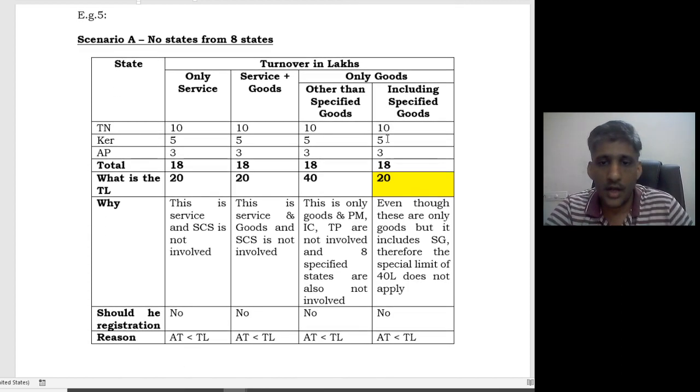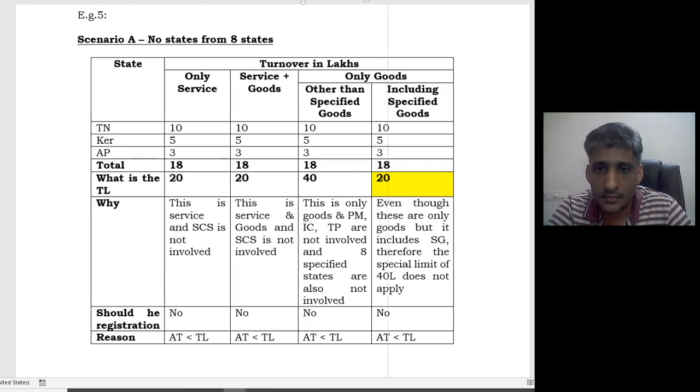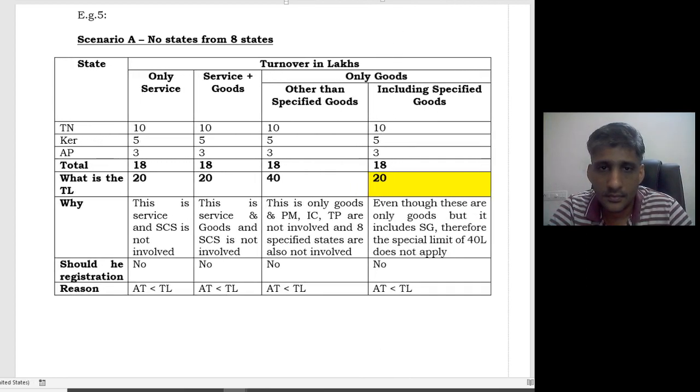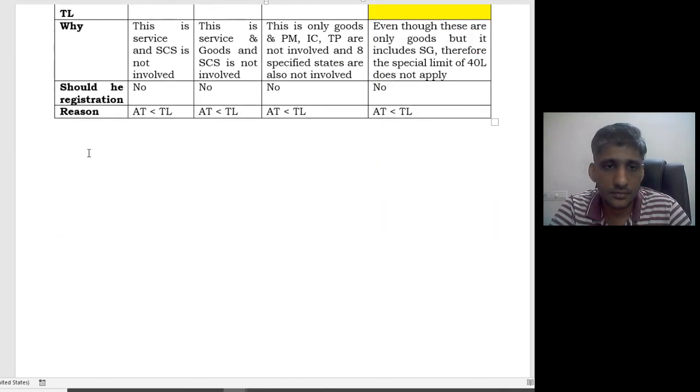Now I'll request you to please write this down. You can copy from the video. Scenario A, you can pause the video and update. Done.